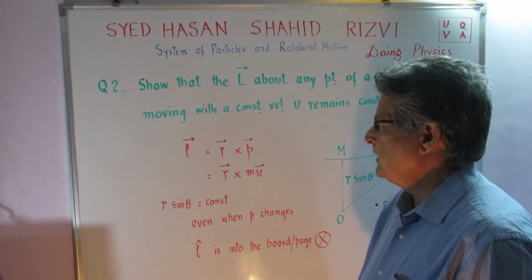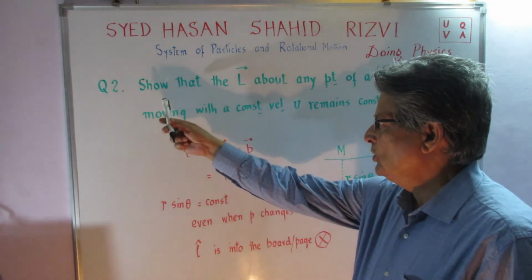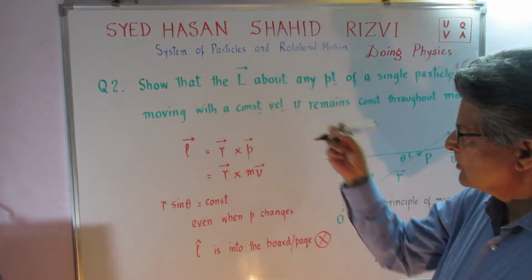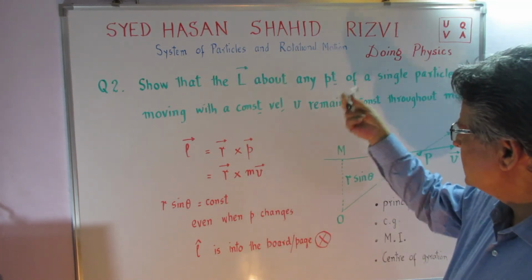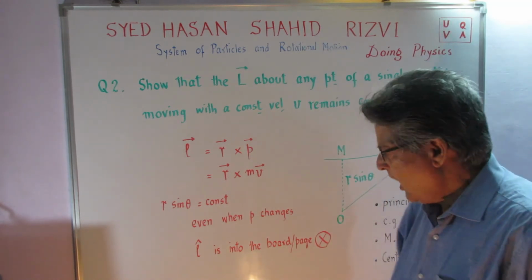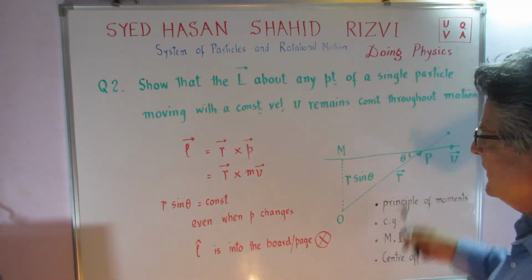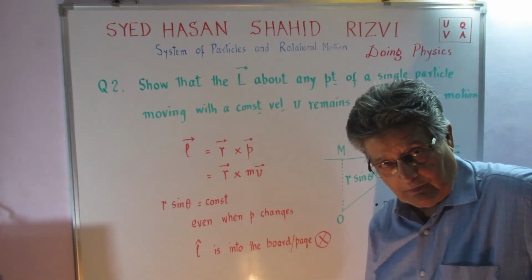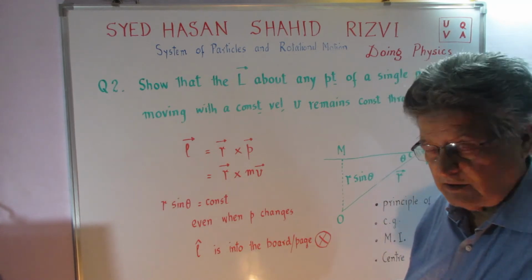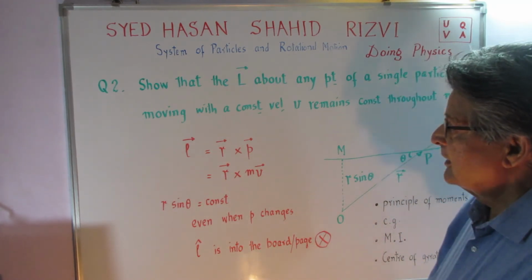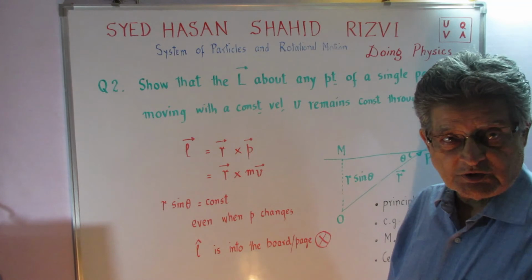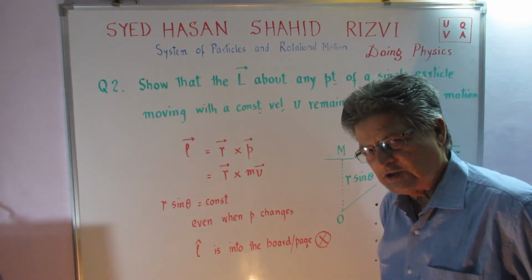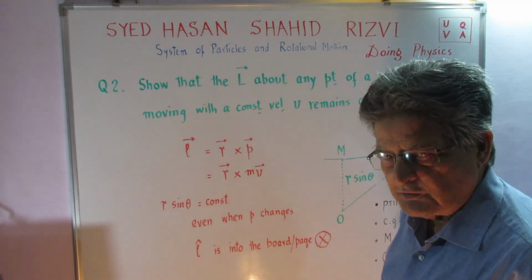Now we are being asked to show, that is, to prove, that the angular momentum L about any point of a single particle moving with a constant velocity v, the same velocity, which is described in Newton's first law, continues in its state of rest or of uniform motion.